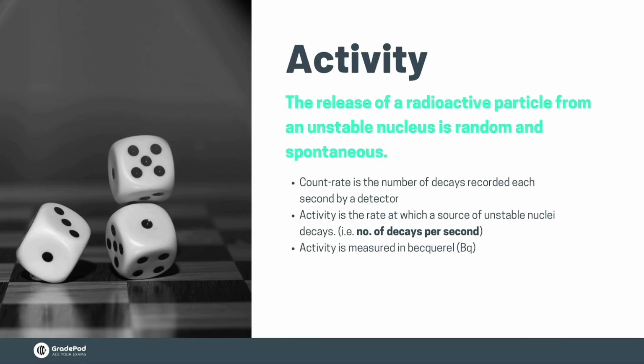Activity. Activity is the term we use to talk about how radioactive something is. The release of a radioactive particle from an unstable nucleus is random and spontaneous. But what we can do is measure the count rate. We can measure the number of decays recorded each second by a detector.